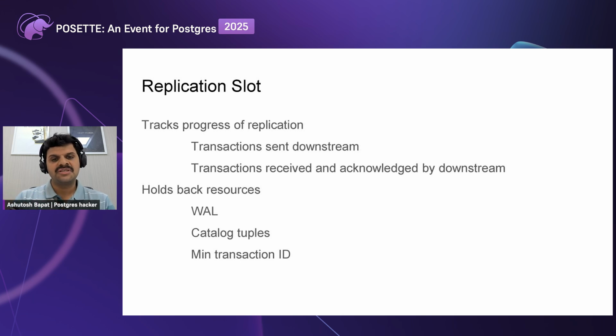And since we need to preserve those catalog tuples in MVCC, we have to also keep track of the oldest transaction that created these tuples, and thus it holds back the main transaction ID as well. And we will revisit this holding back of resources a bit later.